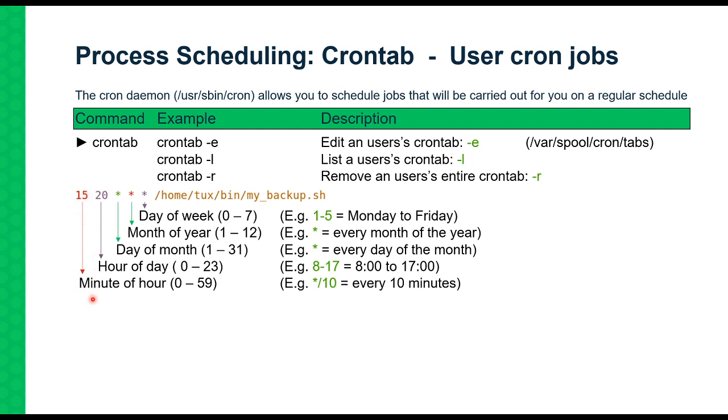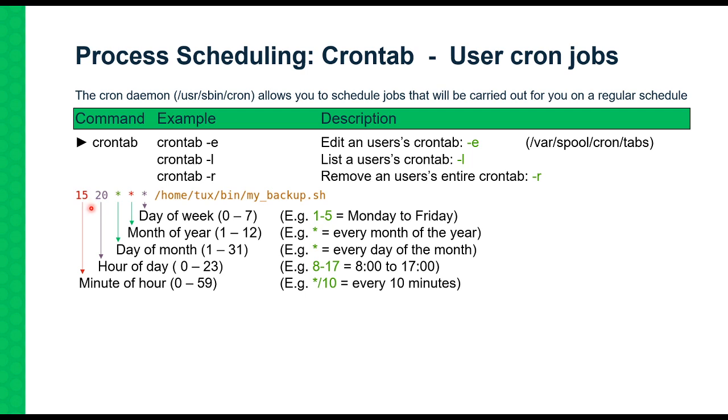This indicates the minute of the hour that this job will run, so it doesn't mean every minute. If it is 5, meaning 5 minutes past the hour, then this will run at 5 minutes past. And if the hour field was a star, it will continue to run every hour at the 5 minute.